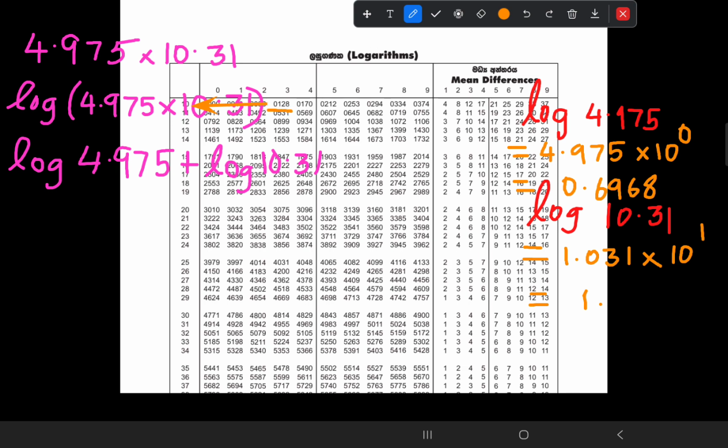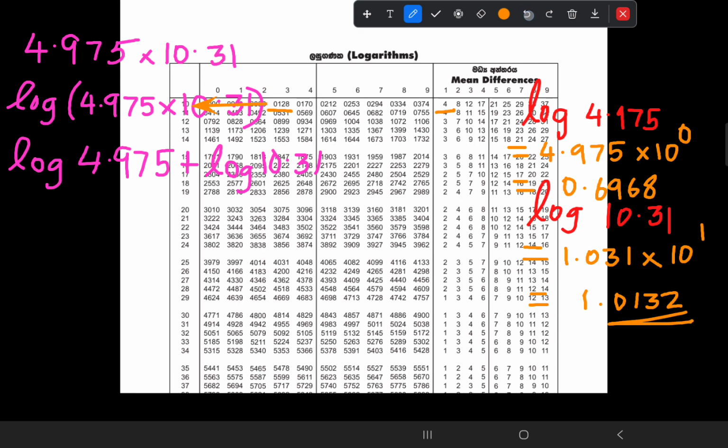With that, we need to add the first mean difference 4. So it will become 0132. What I did: 10th row, third column, first mean difference. So that was 0128 plus 4, which is 0132.